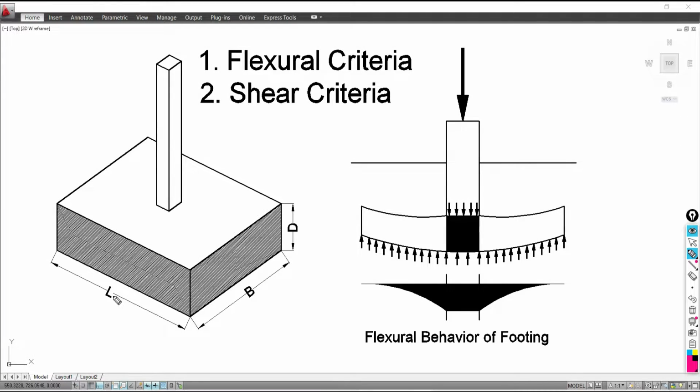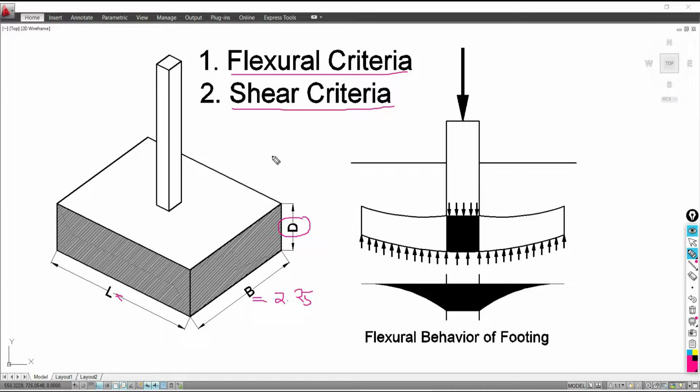Now after knowing the length of the footing as 2.5 meter and width of the footing as 2.25 meter, we need to find out the third dimension of the footing, the depth of the footing. But this depth of the footing is going to be influenced by two criteria. One is your flexural criteria, another one is your shear criteria. So try to understand first what is meant by this flexural criteria.